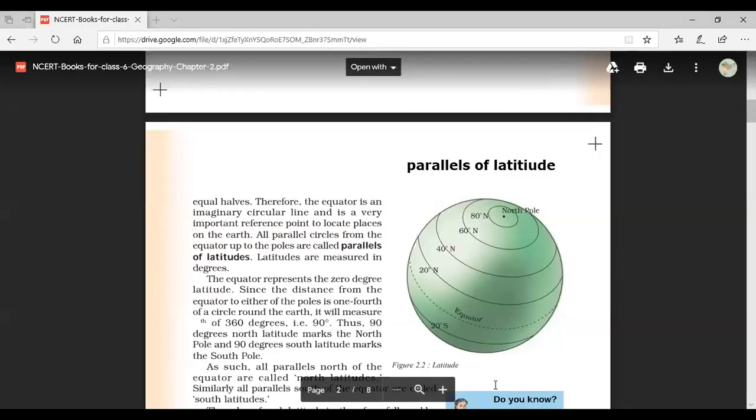The lines which go parallel to the equator are known as the parallels of latitude.